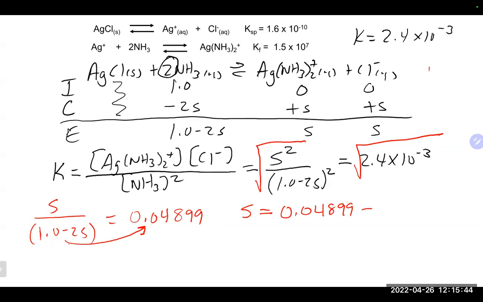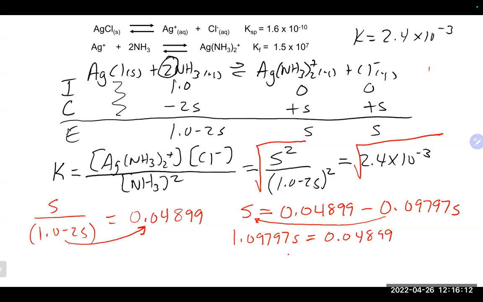minus 2 times that, which will get us 0.09797s. Obviously combining our s's to the other side, so we're going to bring this guy back this way. And that's basically 1 plus that, right? So that gives us something like 1.09797s equals 0.04899.